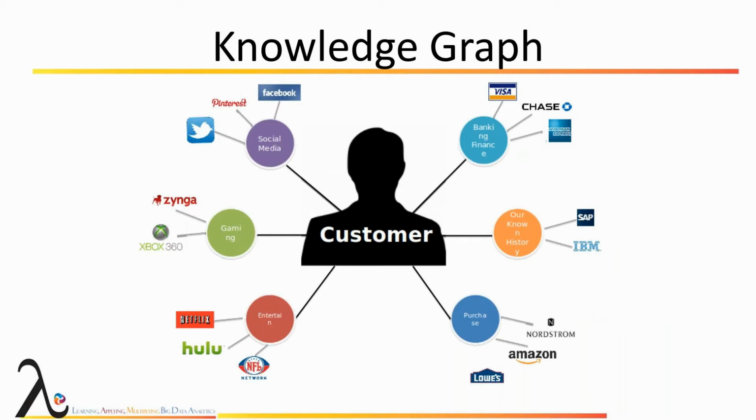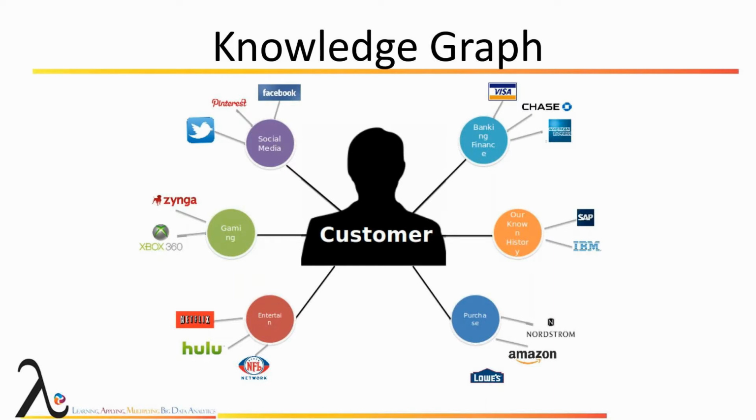Another view of knowledge graph could be that, for example, there's a company who has customers, and that company is interested in knowing more and more information about their customers. So the information about customers could come from their social media usage or their banking information, their interaction history, their purchase history, their media watching history, their gaming history, and so on and so forth.